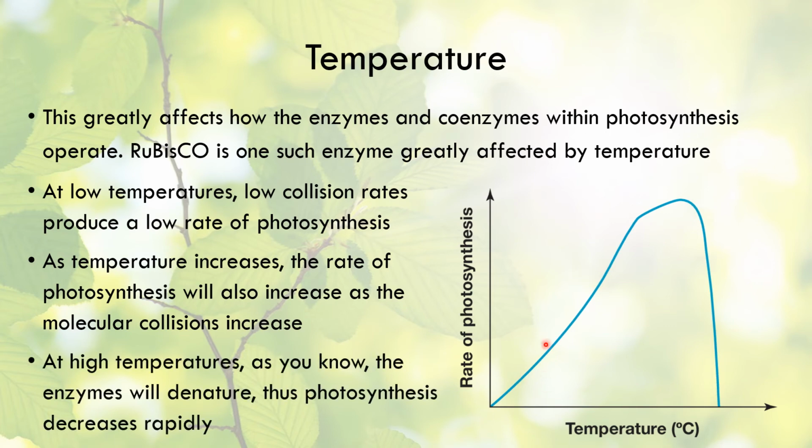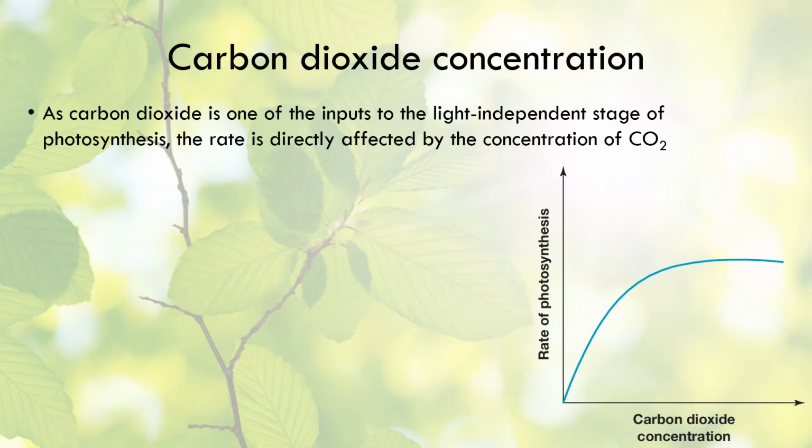But of course, at high temperatures, as you know, we then denature those enzymes. And so as soon as we denature the enzymes, boom, our photosynthetic rate decreases rapidly. And we end up with, again, another situation that we don't want to see in our photosynthesis.